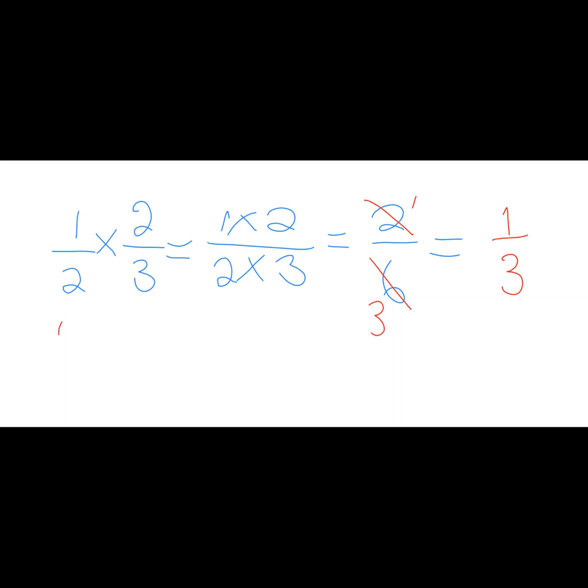Now, with the division of fractions, that's different. If I should have the same half, but now I'm dividing it by 2/3, this is where we now have to implement a KCF. The KCF means I am going to keep my first fraction, so I'm going to end up with 1 over 2.